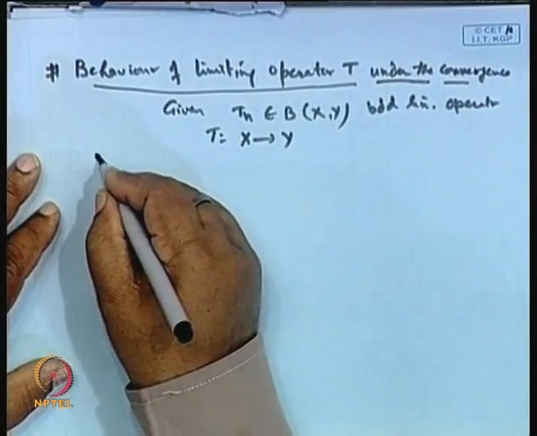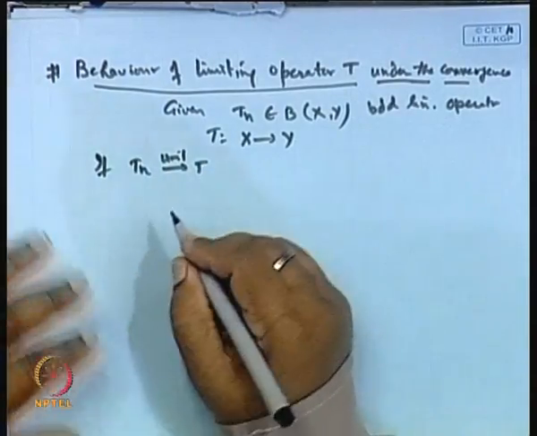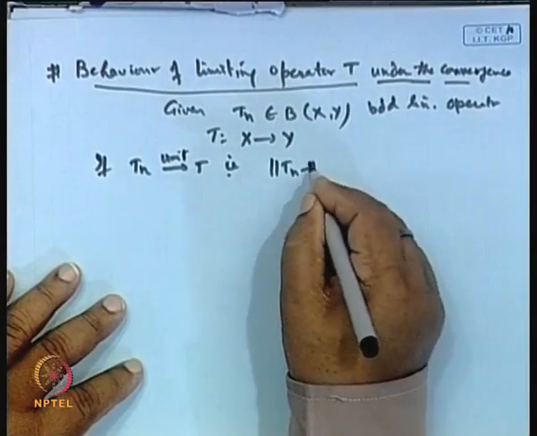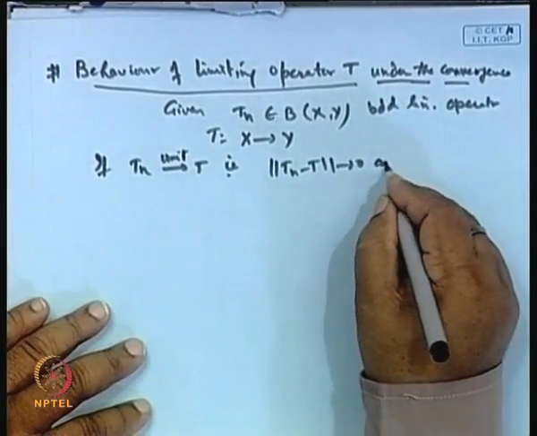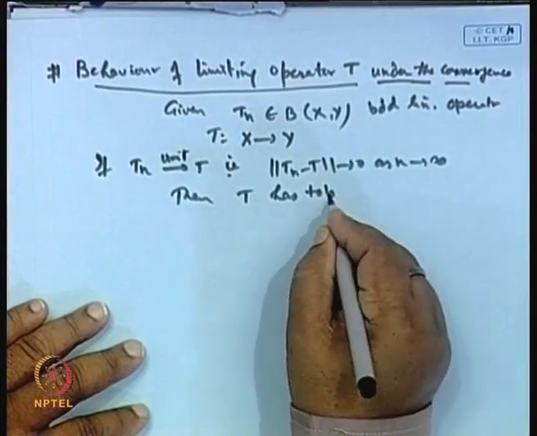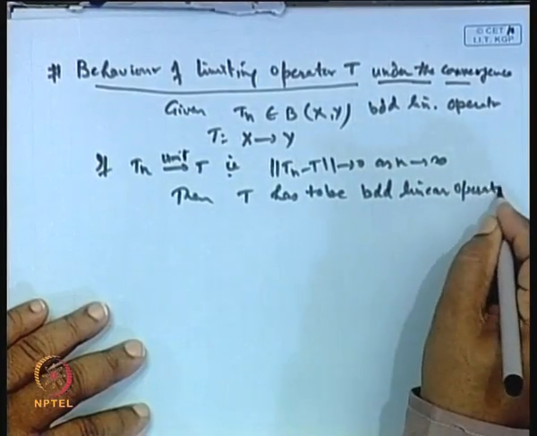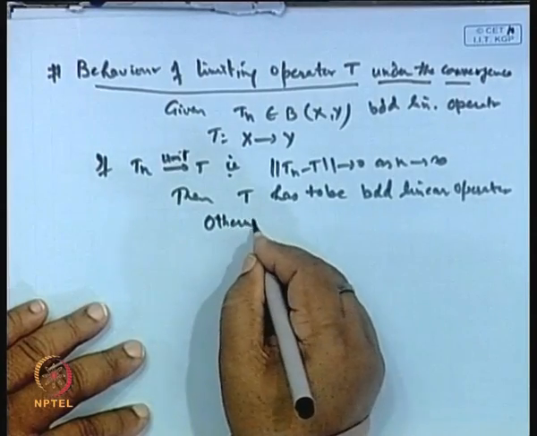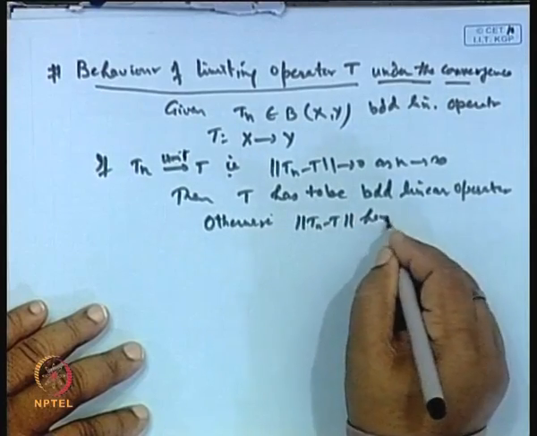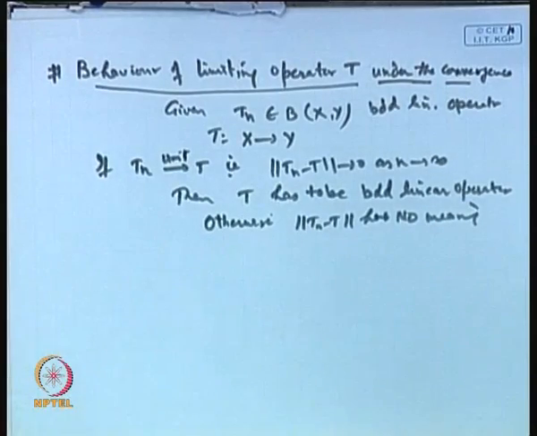So, first, if T_n converges to T uniformly, that is, the norm of T_n minus T goes to 0 as n tends to infinity, then T has to be a bounded linear operator. Otherwise, the difference has no meaning, it cannot go to 0.